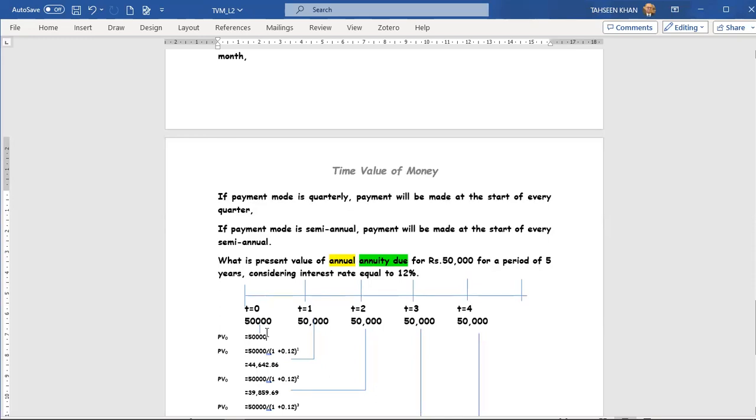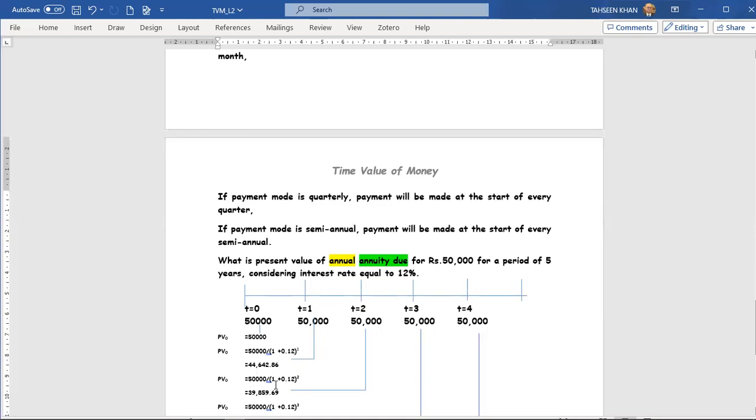So for the first payment, the time is 0, so this value will remain the same, or be directly adjusted against your liability. For the second payment, you will divide by (1 plus 0.12) power 1.